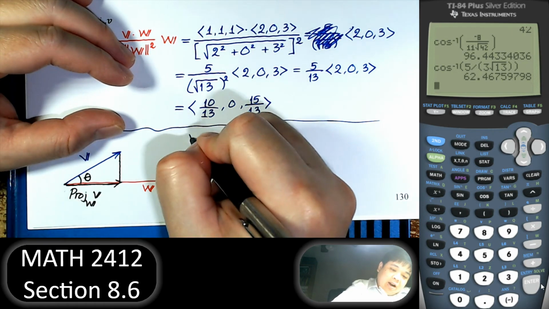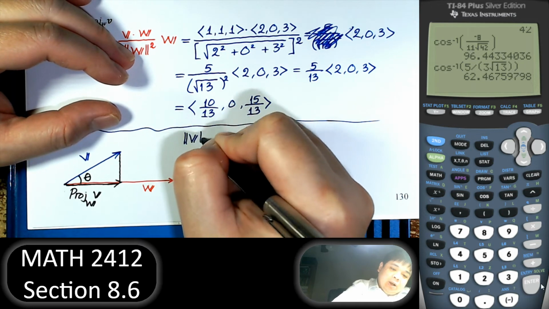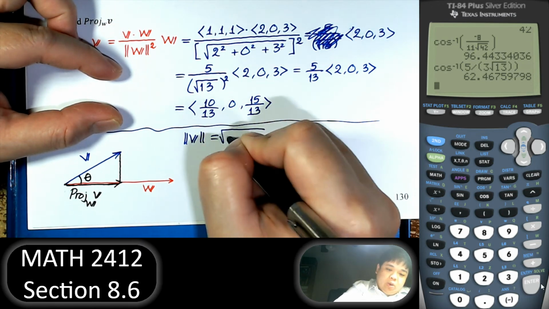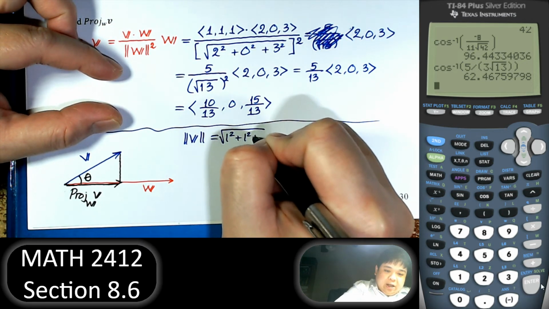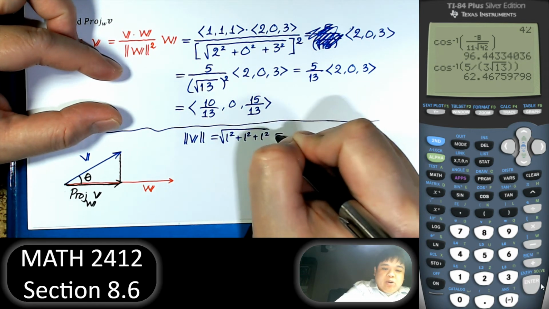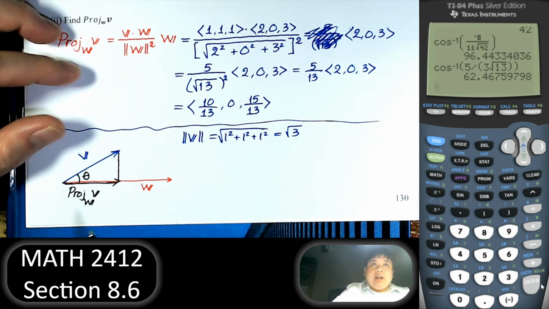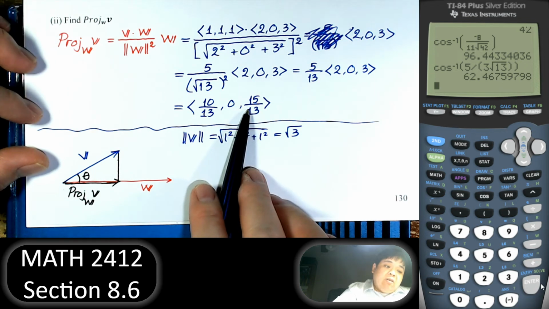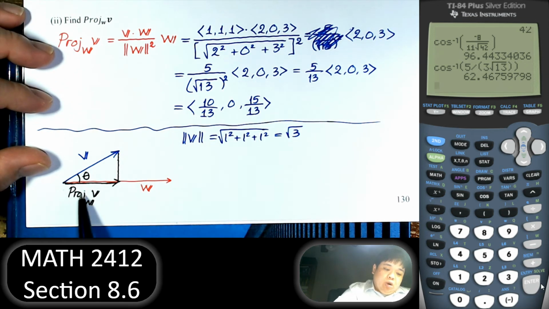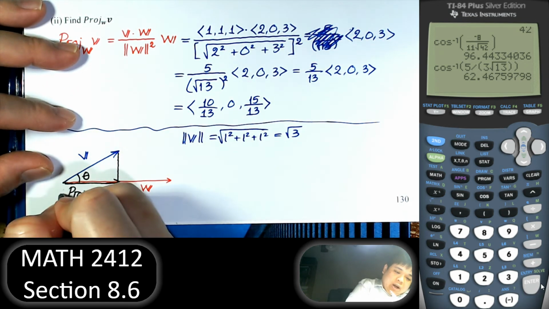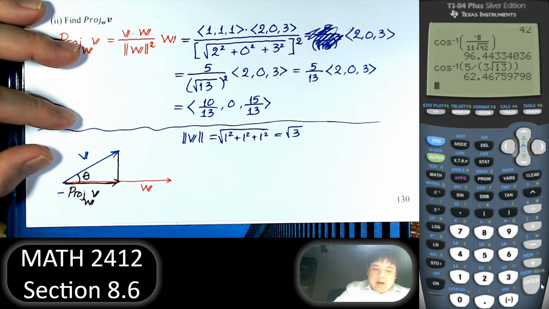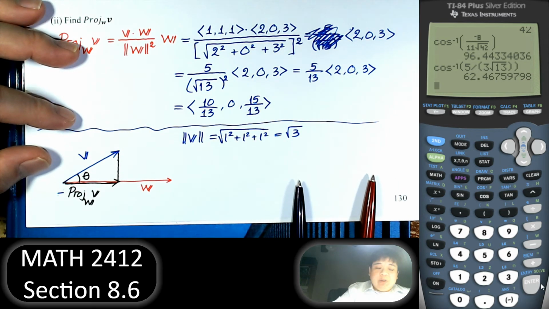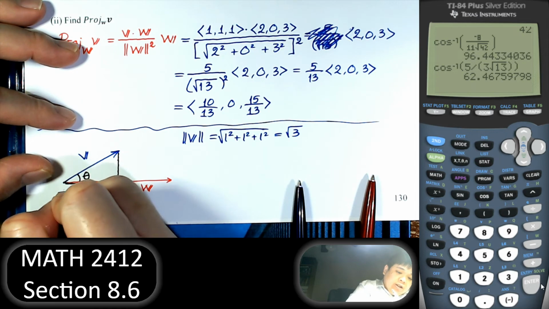So first let's find the magnitude of vector V, which is the square root of 1 squared, 1 squared, and 1 squared, so square root of 3. Easy to check. Now find the magnitude of the projection. By the way, let this be what we defined earlier. We call this vector V1.